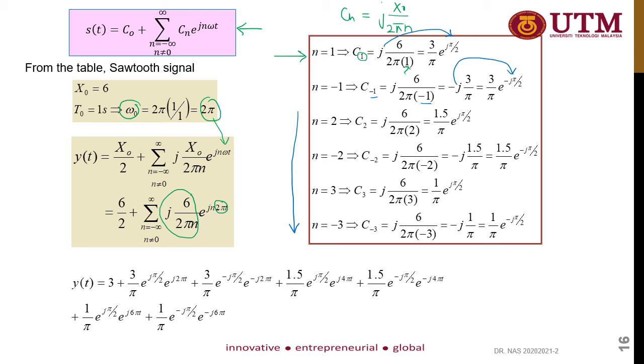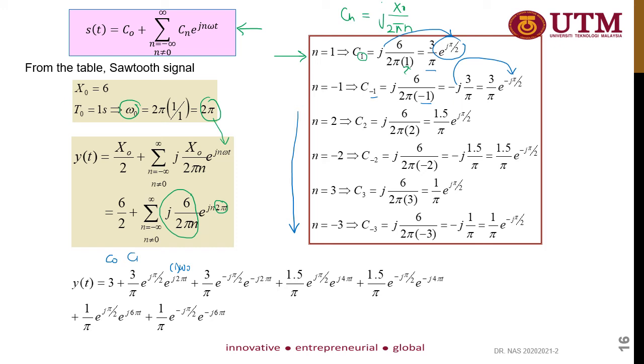Okay, lastly, you need to write down the complete exponential Fourier series for the sawtooth signal. So this is your C naught plus the Cn. Okay, when it is C1, the coefficient is 3 over pi e^(j n omega naught t). So this is omega naught. So this is when n equal to 1. So this is the part of the coefficients because of the j just now.